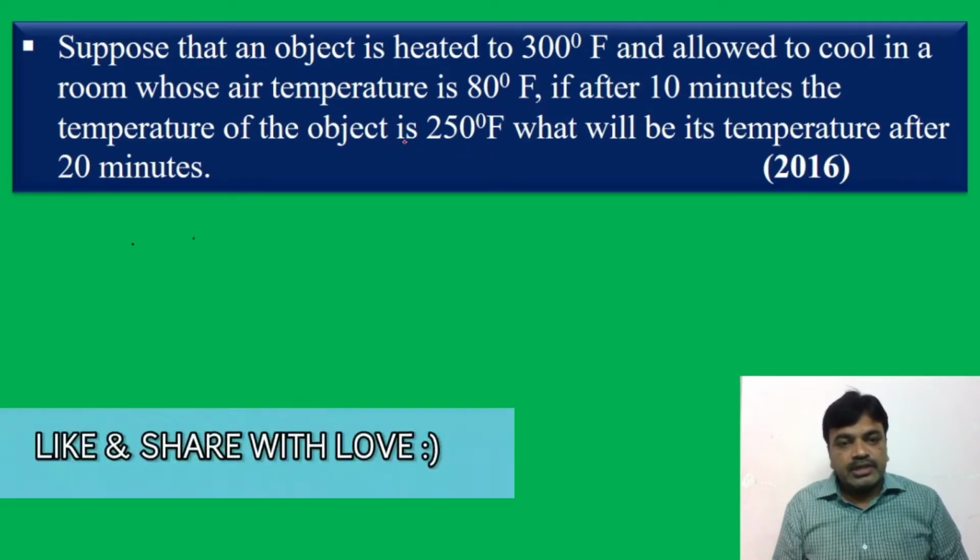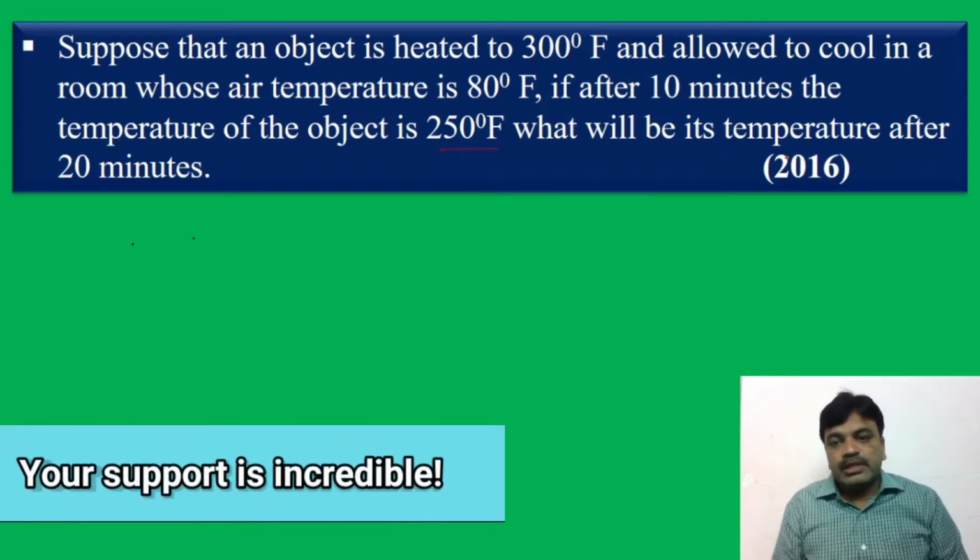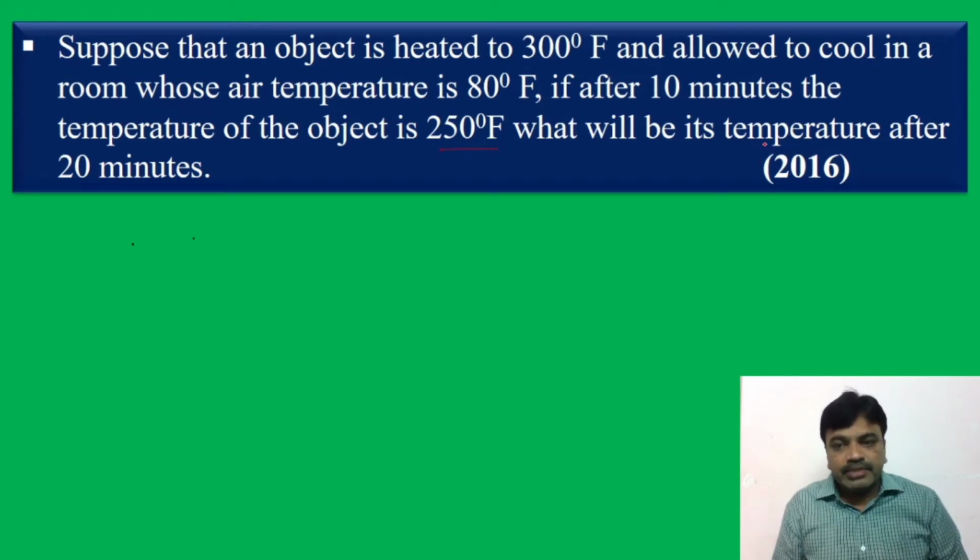After 10 minutes, the temperature of the object is 250 degrees Fahrenheit. What will be the temperature of the object after 20 minutes? We are finding temperature here, friends, after 20 minutes.